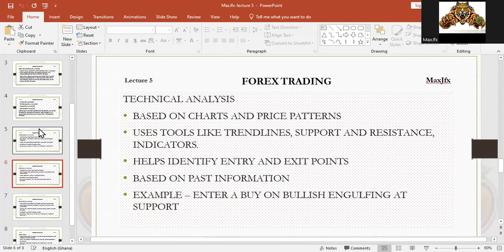You don't just enter a trade, and the main point is the price patterns. The way price is behaving can make you anticipate that you'll be in the right direction. All right, so it uses trend lines, support and resistance, indicators, which will be considered in our next slide to come.